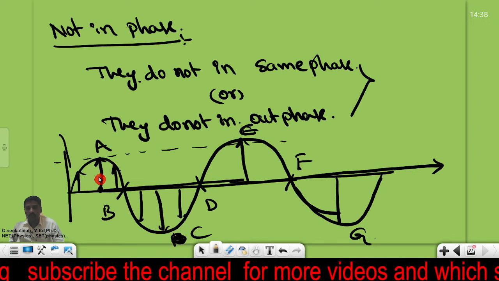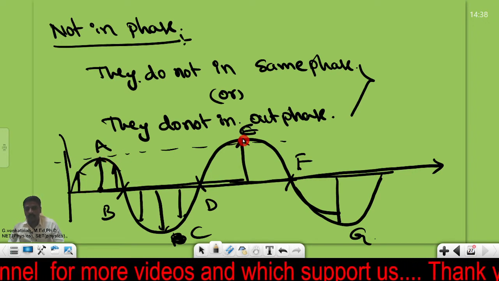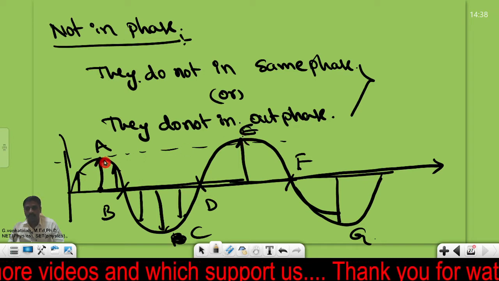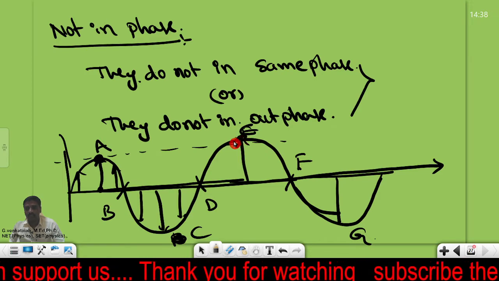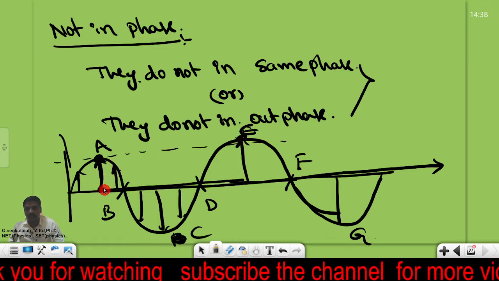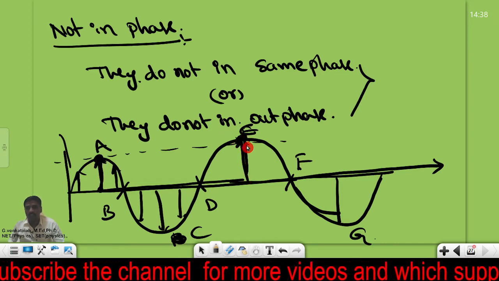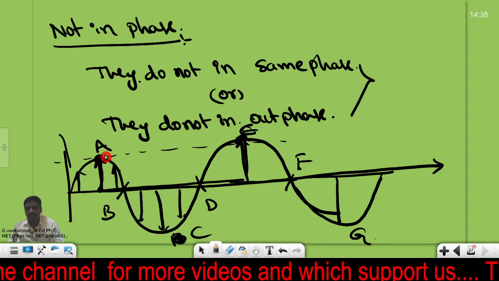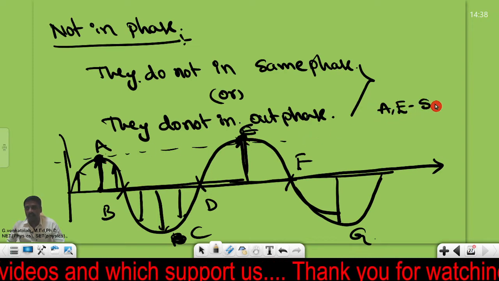Due to my drawing problem, I drew it like this. The particles A and E are at the same height, so they have the same displacement, and the direction of vibration is also the same. That means A and E are in the same phase.